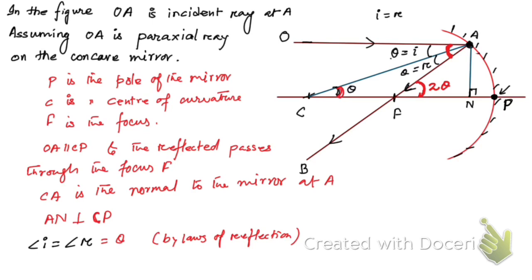These two are alternate interior angles, and according to the law of reflection these two angles are equal, so both must be theta. I equals R equals theta, right?